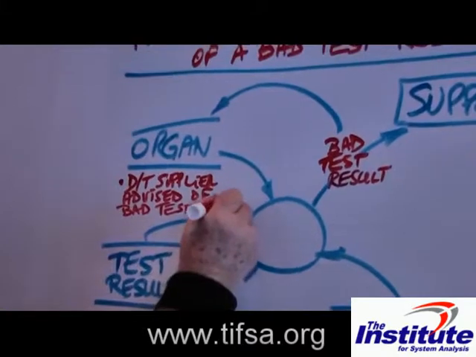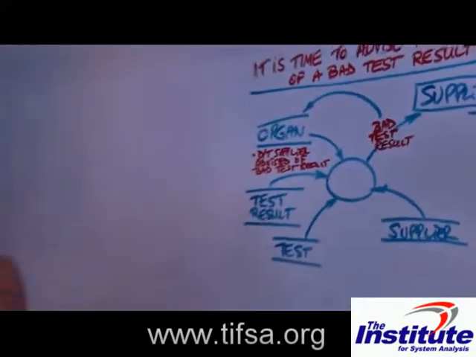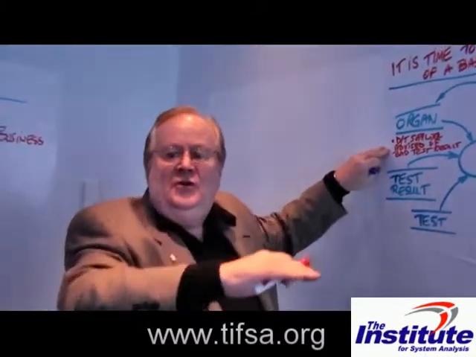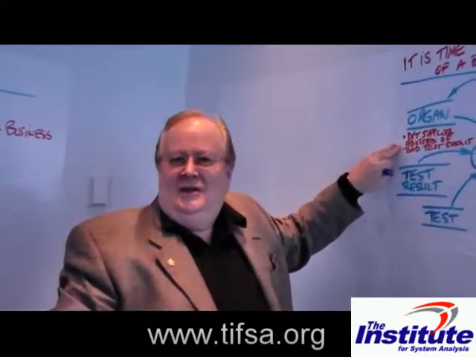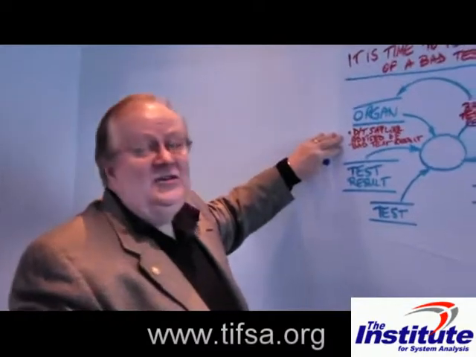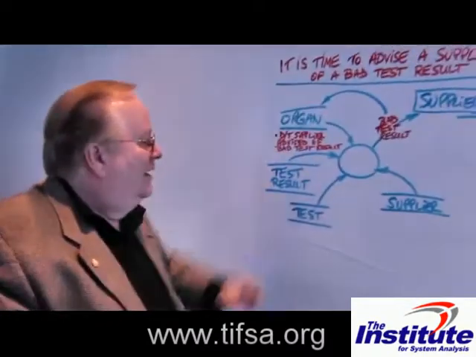Now that's a long name, but from a business perspective, that's understandable. I don't want to have some kind of an acronym with a bunch of hyphens or underscores, because the clients don't really understand why I would be doing that. So I'm just going to call it what it is, date and time the supplier's advised of a bad test result. So I'm going to keep track of that here.